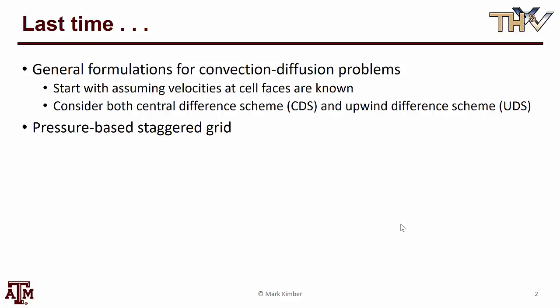And so then we talked about the staggered grid, which enables us to do that without having to interpolate using the standard upwind difference scheme that we talked about. So we avoid some of the issues that are tied to each of these schemes, the CDS and the UDS.